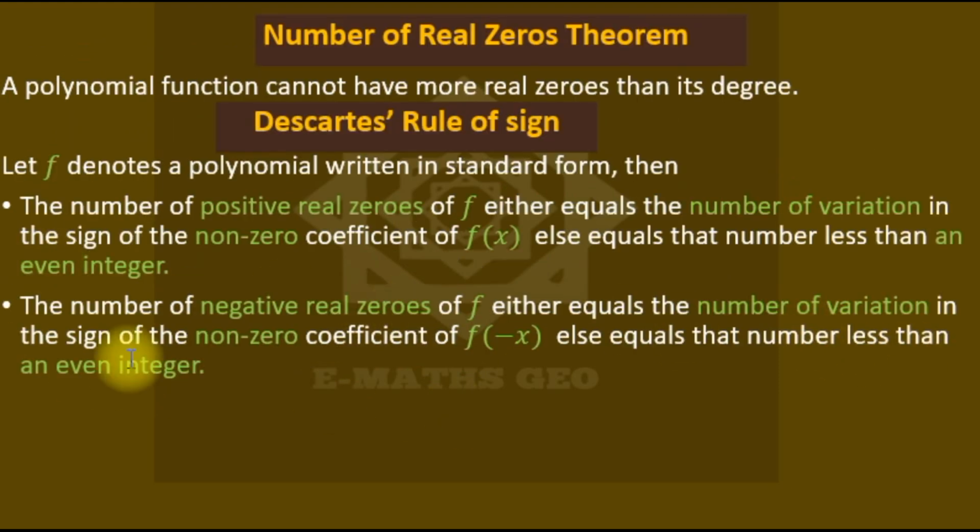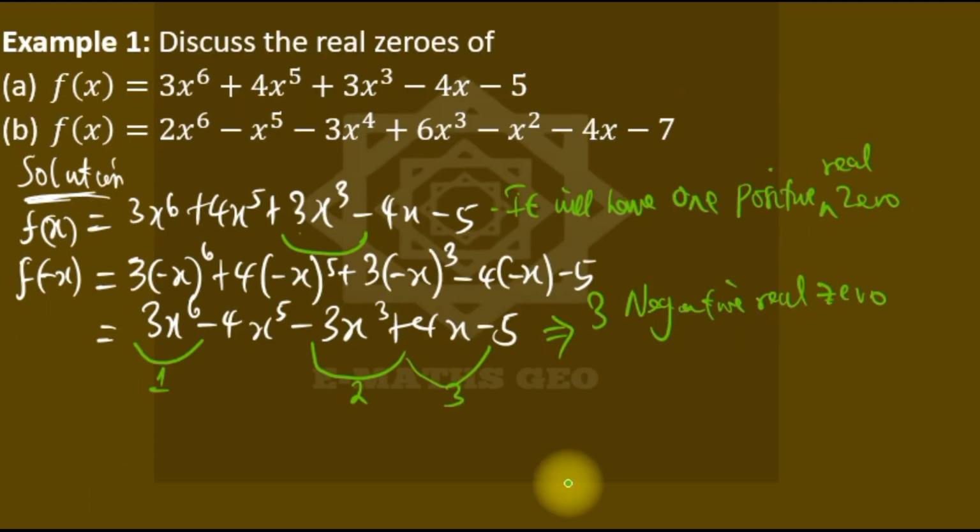The first even number is 2, so we subtract 2. So it either has 3 negative real zeros or 1 negative real zero, that is, 3 minus 2 equals 1.